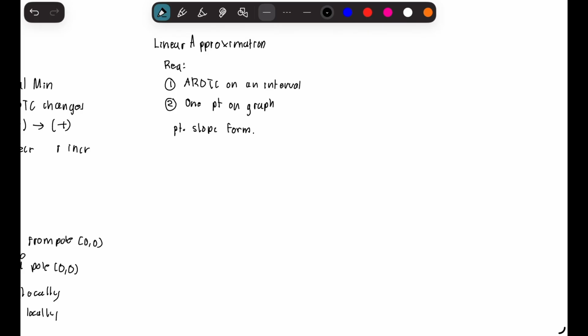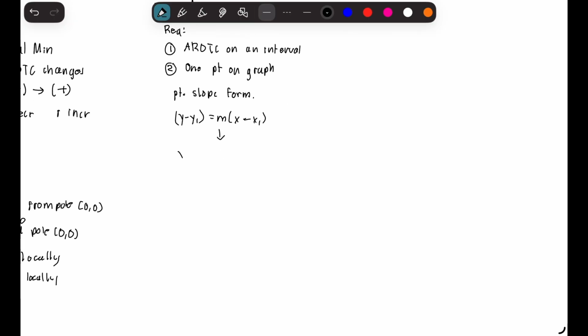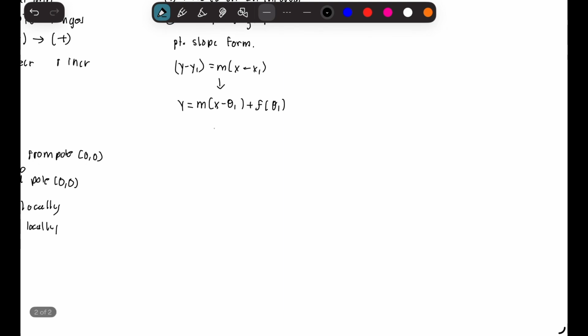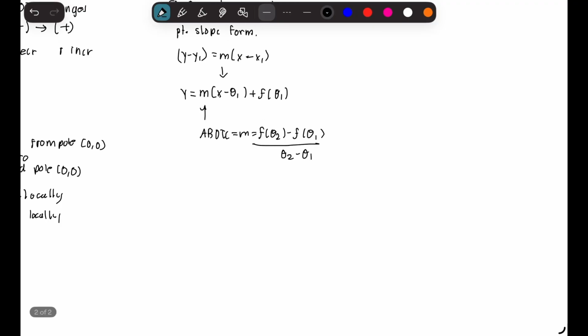In linear, we have y minus y1 equals m times x minus x1. So here, this is going to be y equals m times theta minus theta 1, plus f of theta 1. Our m is going to be our average rate of change, m equals f of theta 2 minus f of theta 1 divided by theta 2 minus theta 1.